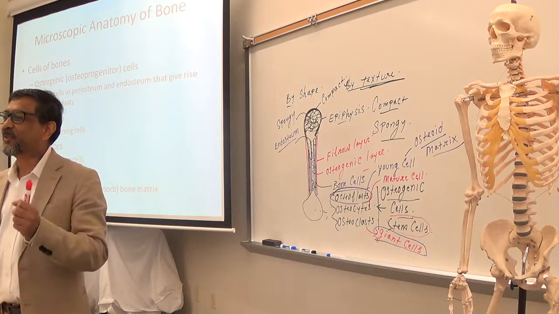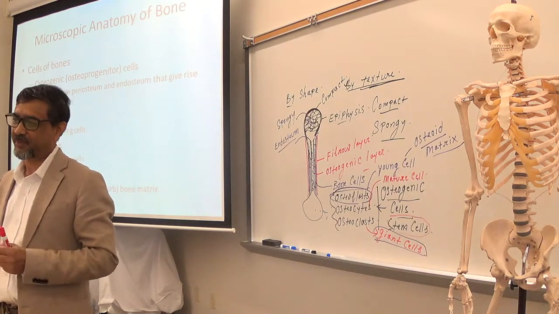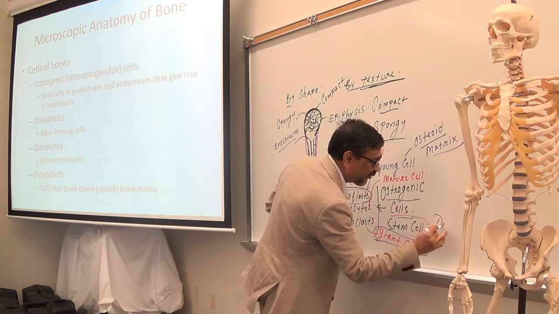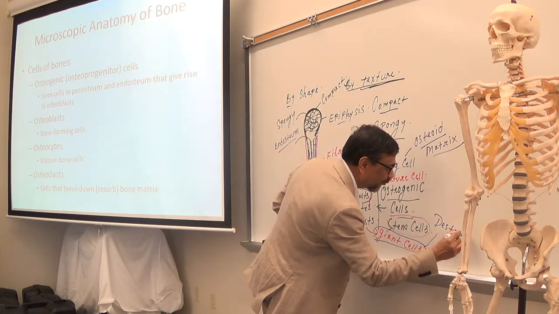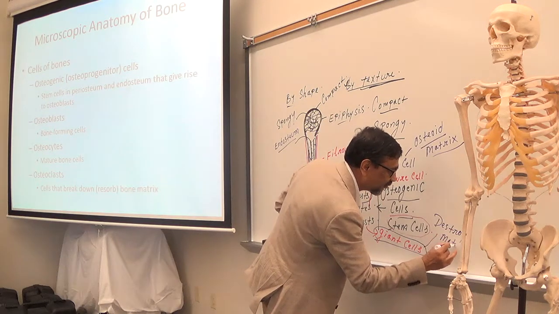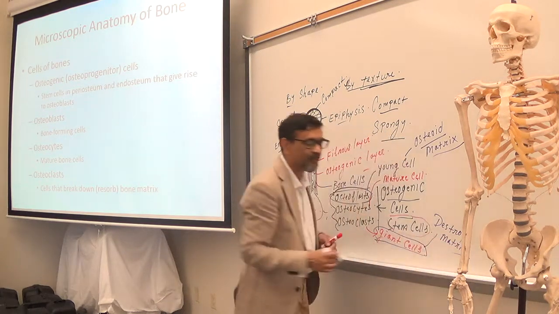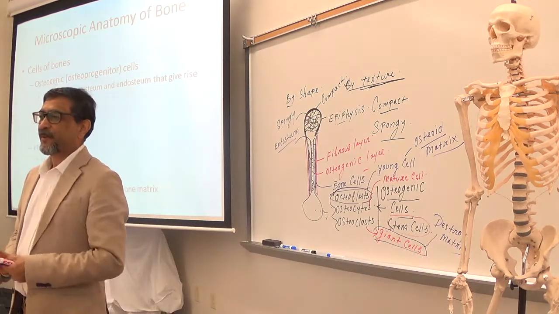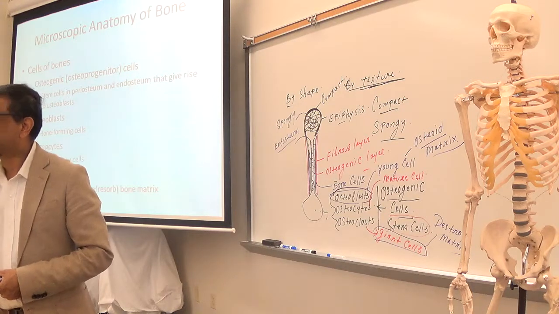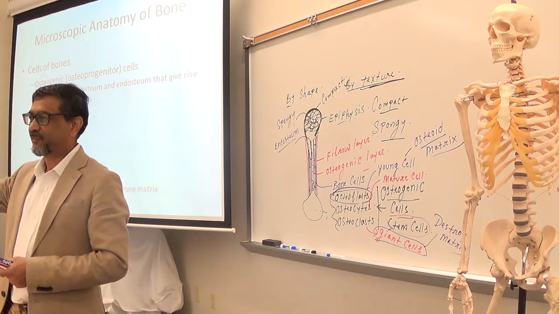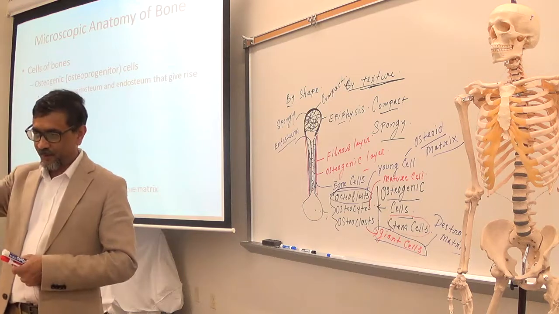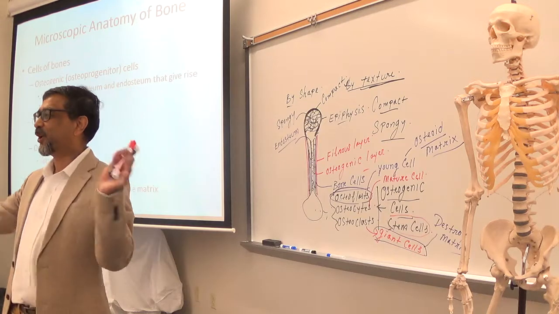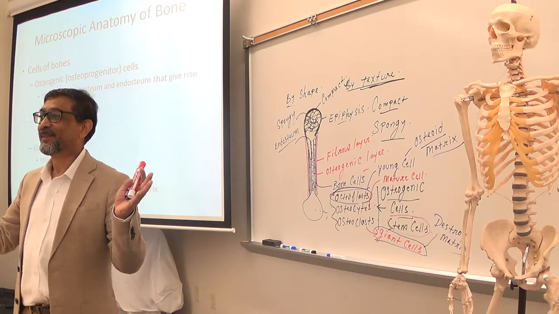So osteoclasts destroy matrix. Now you tell me, who produces matrix and who destroys matrix? Blasts form, clasts destroy. Very good. Blasts produce matrix and clasts destroy matrix, right? To keep the balance. Yes, very good.